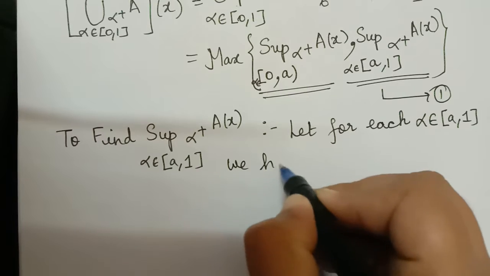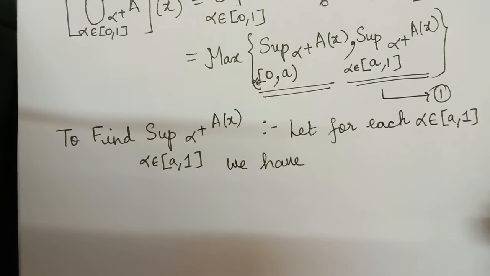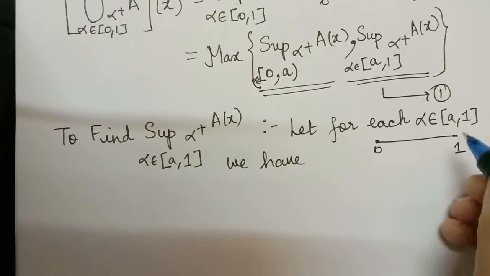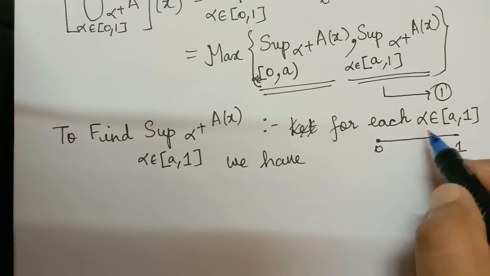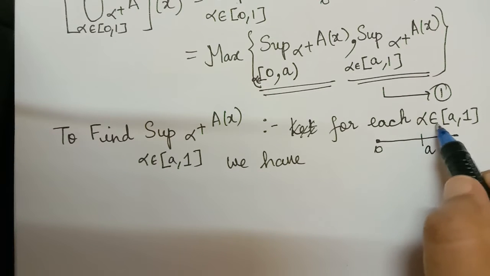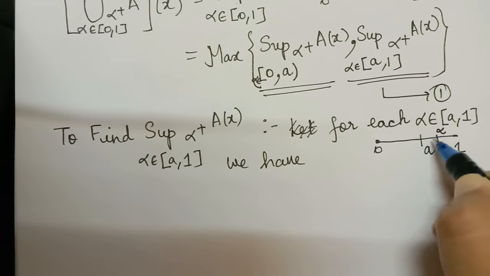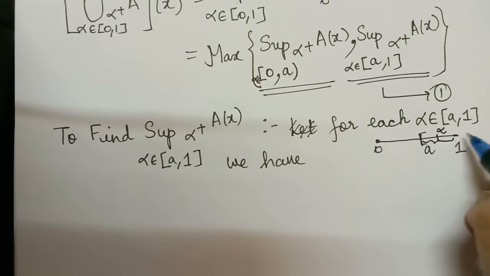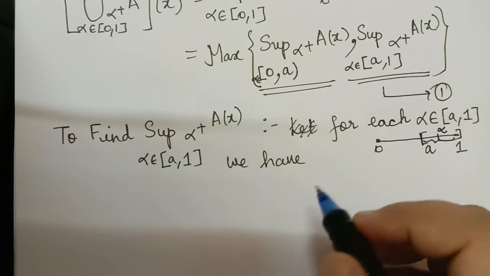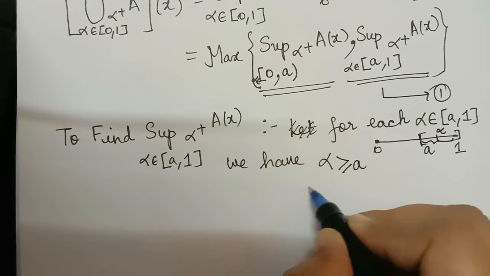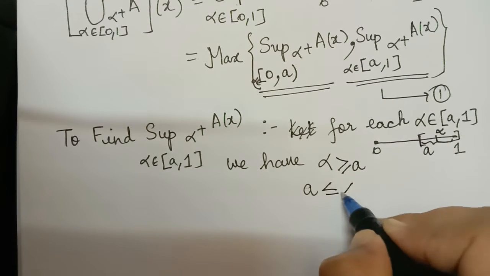We can imagine this: this is 0 and this is 1, and a is somewhere in between. Alpha lies somewhere between a and 1, and it includes a because we are considering the closed interval. So alpha is greater than or equal to a, and we can write this as a is less than or equal to alpha.